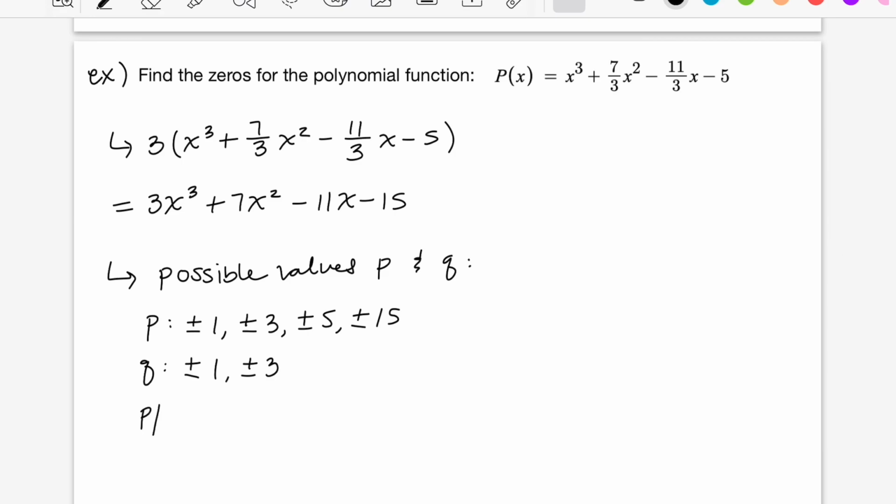And lastly, the possible values for p over q in lowest terms. Because remember, we could have a value for p over q to be 15 over 3, but that is just going to be 5 in its lowest terms, and that's already covered as a factor in p here. So the only possible values for p over q in lowest terms are plus or minus 1/3 and plus or minus 5/3.